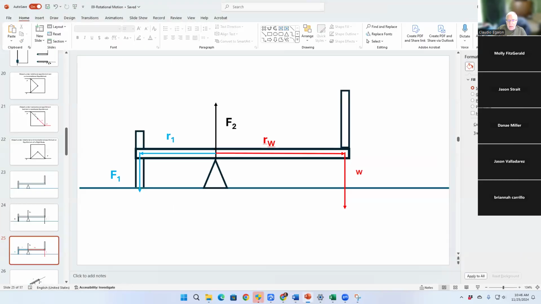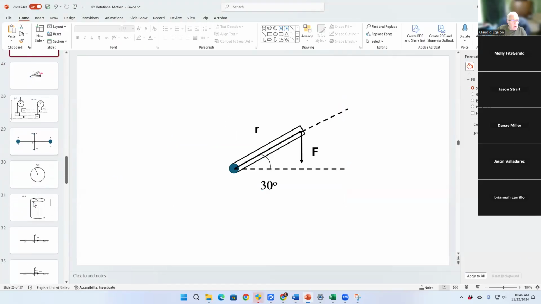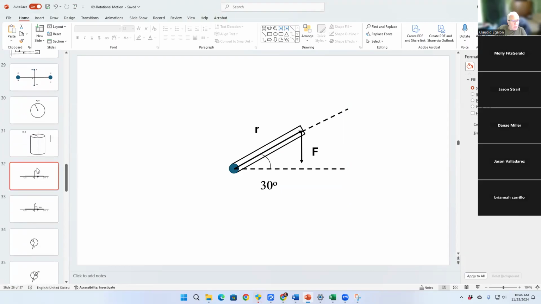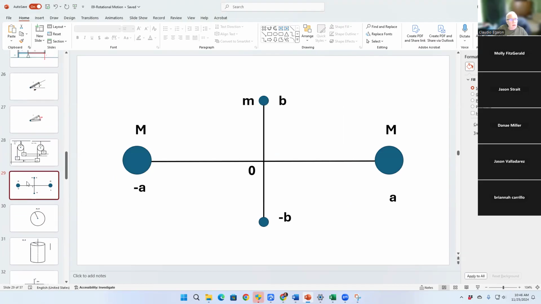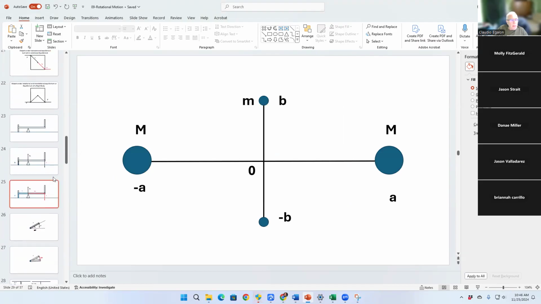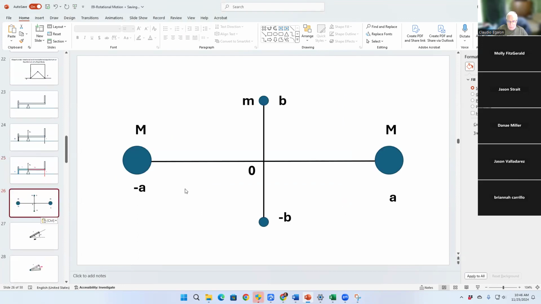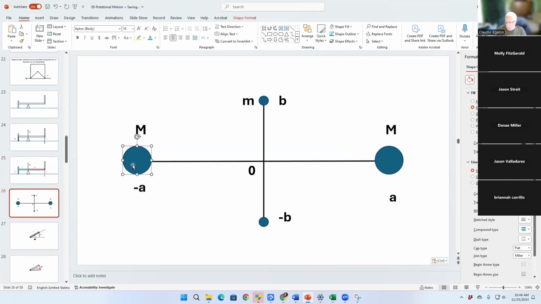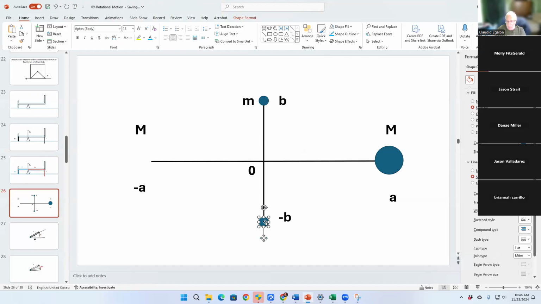It would be something like this one right here.